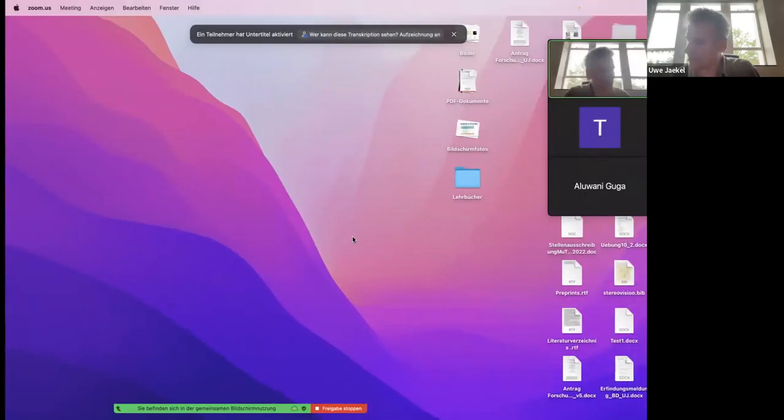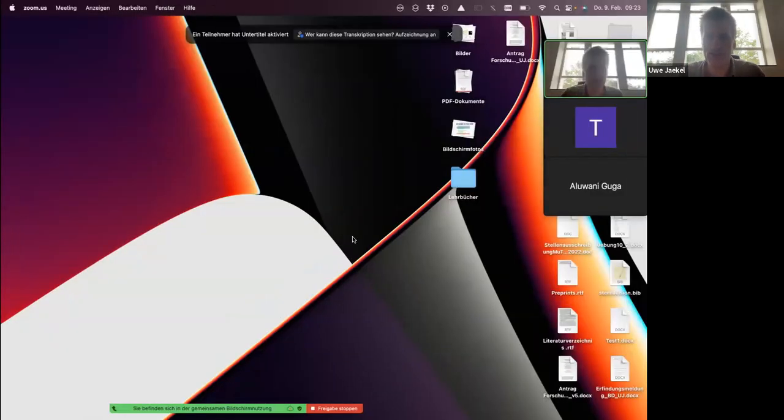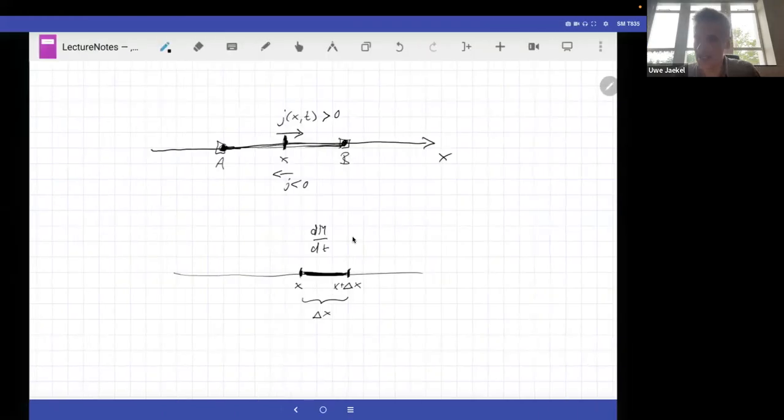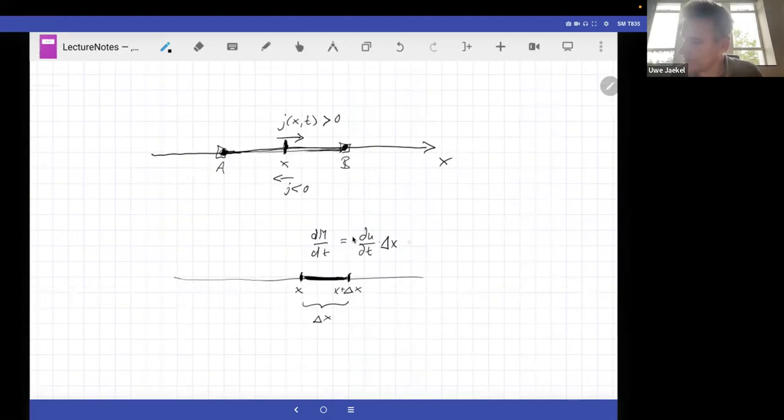So the change of mass over time, dm over dt, is du over dt times the size of the interval. And in my notation, this can also be written as u_t times delta x.